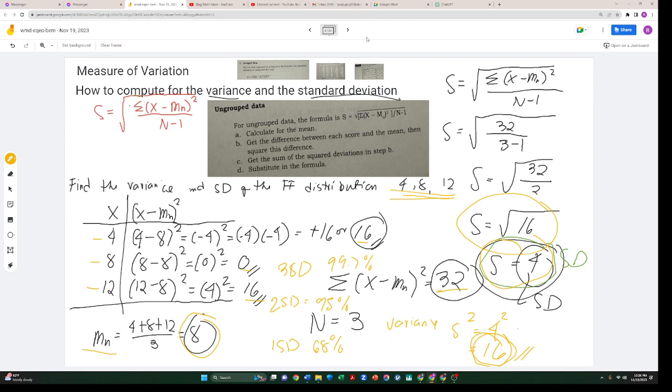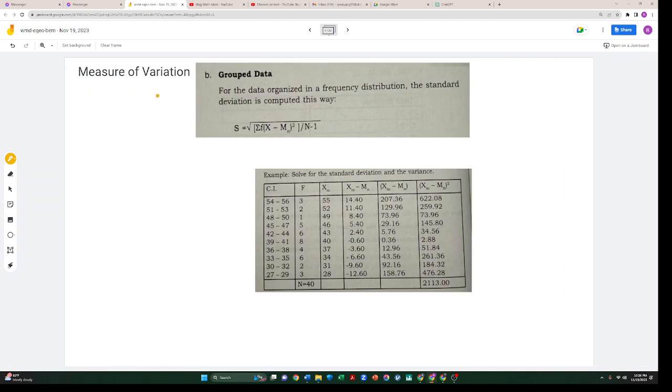Okay, let's go to how to solve the standard deviation or variance in grouped data. For data organized in a frequency distribution, the standard deviation is computed this way. The same formula is used. The formula is S equal to the square root of the summation of frequency times the score minus the mean, then squared, all over n minus 1.